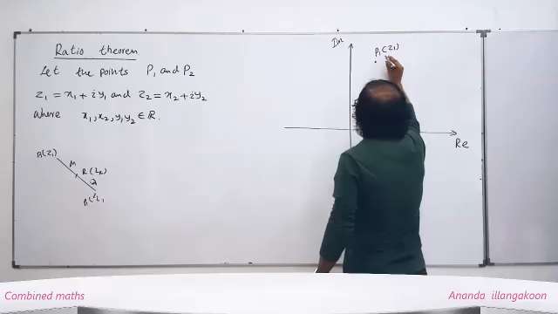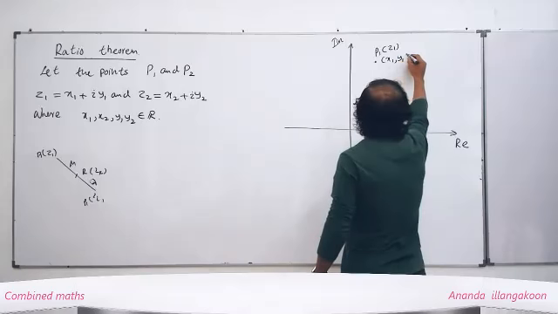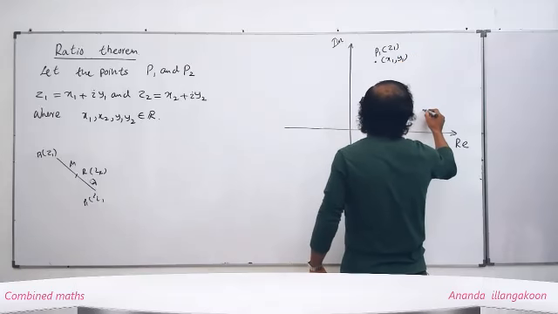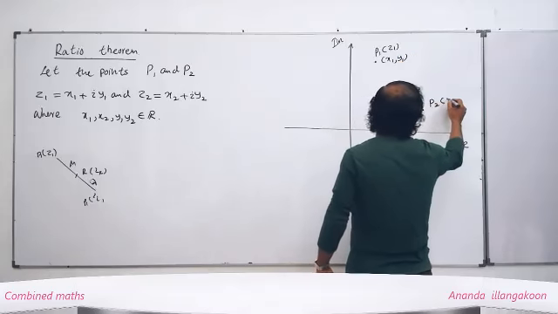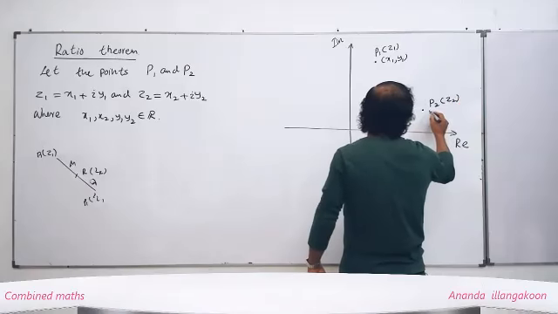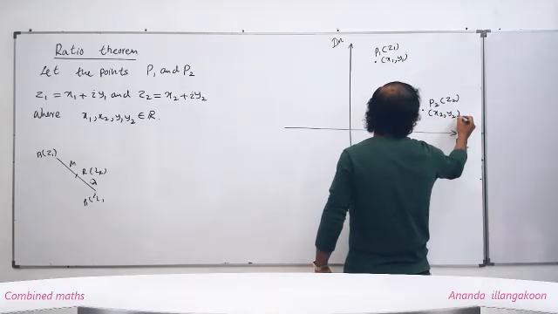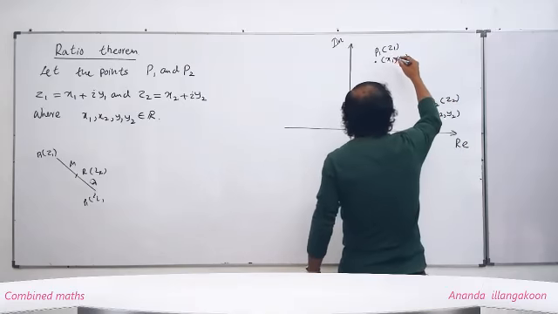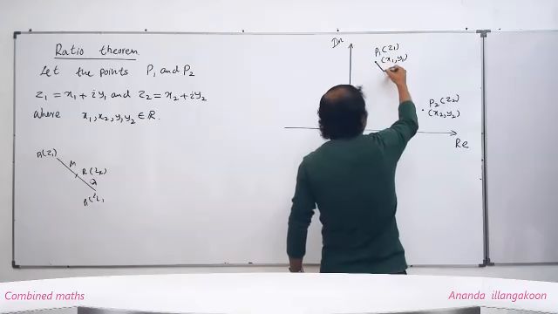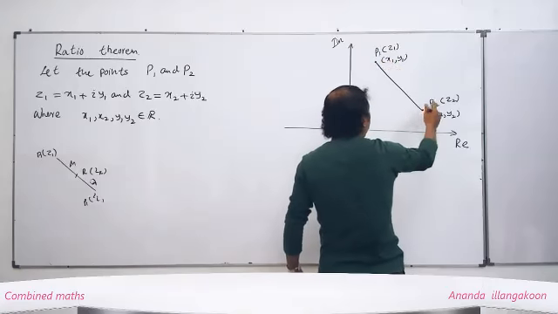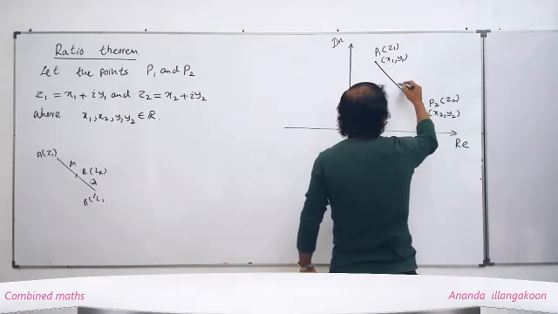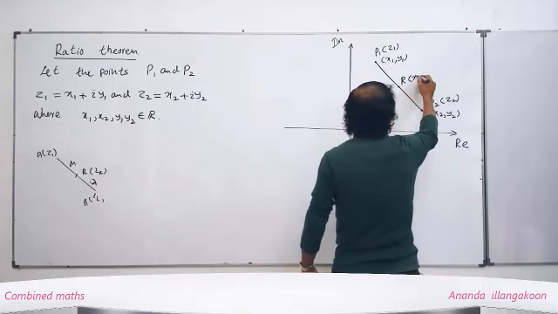The point P1 is x1, y1. Point P2 here, people, representing the complex number Z2, in coordinate form x2, y2. Then P1, P2 we join, and this is R. Let it be x bar, y bar.